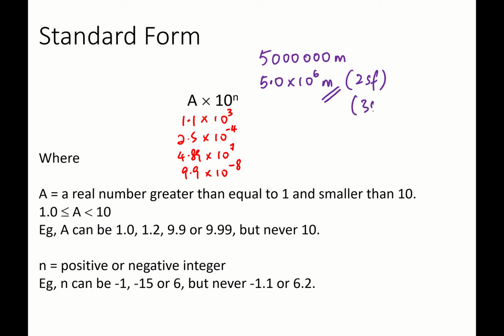Sometimes you express in 3 significant, but that depends on the context of the question, which we are not going to dwell on here, right? So just express it as times 10 to the power of n. Okay, and it helps to simplify expression. If you still don't understand, pause and think about it. Otherwise, please continue on.